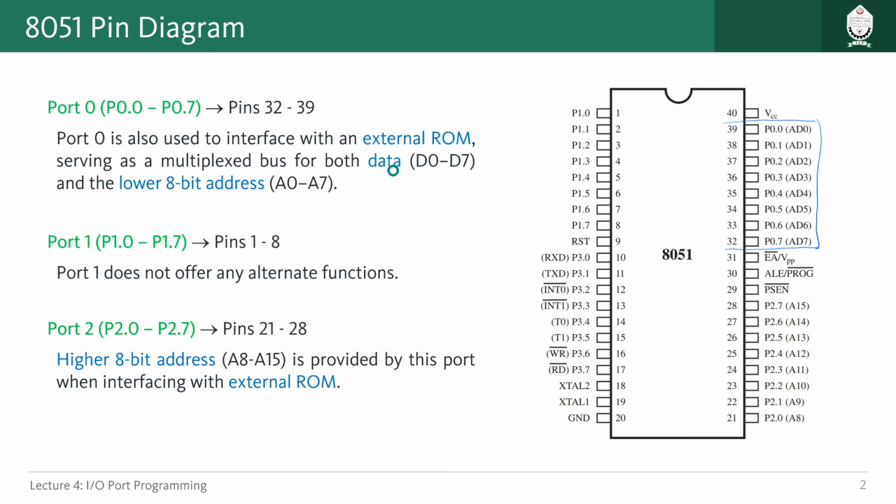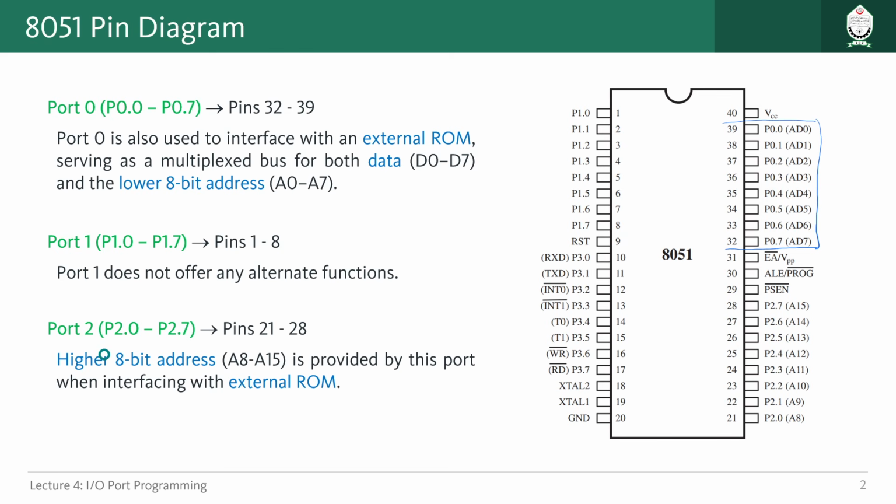It is only for the case whenever we are trying to interface an external ROM with our microcontroller. And I can just add with that, port 2 also helps with that. Like we know that 16-bit address and 8-bit data, this connection needs to be given with the external ROM with our 8051.